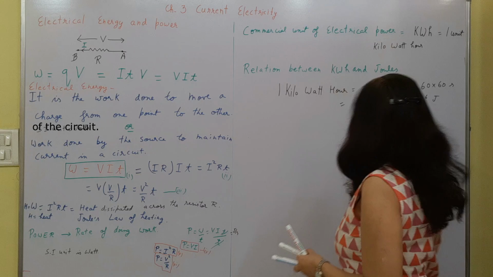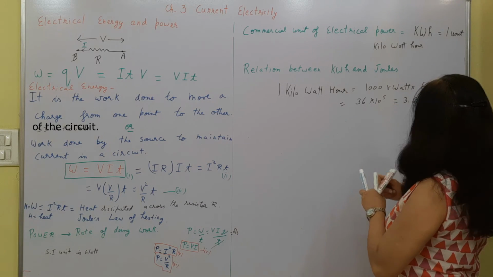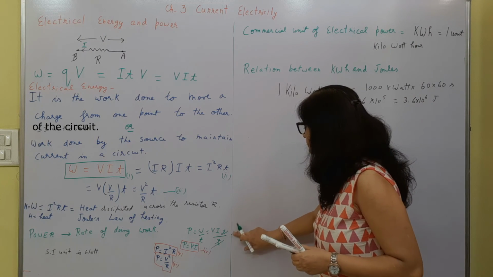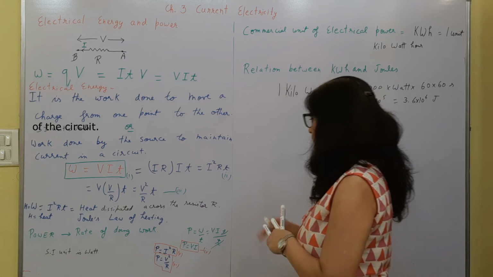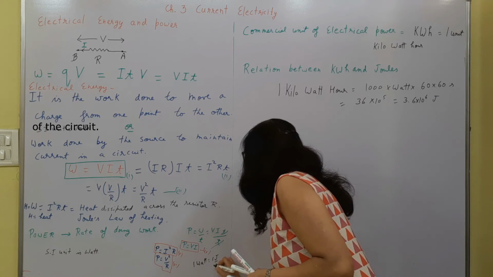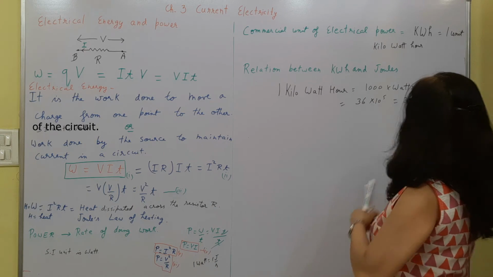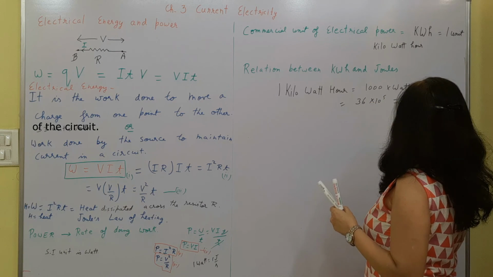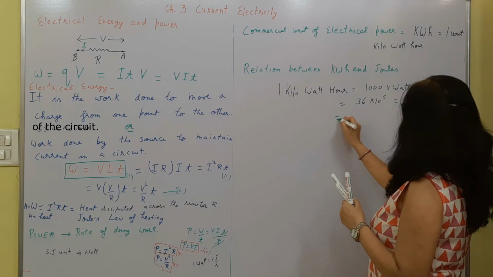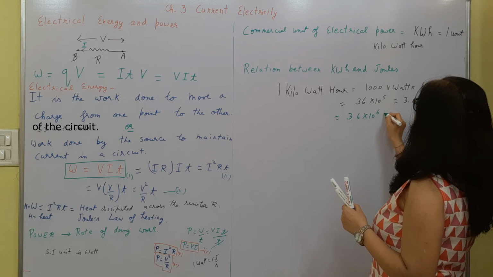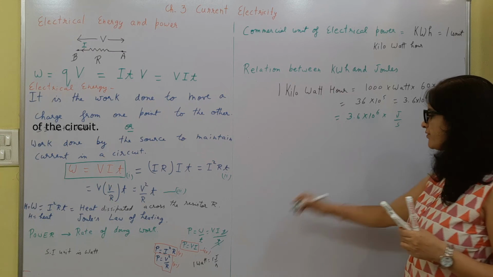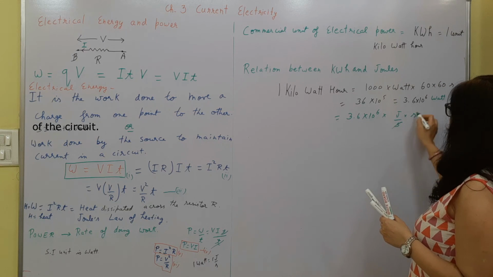Why so? Because power is joule upon second. So 1 watt can be written as joule upon second, and this is multiplied by second, so this second cancels.